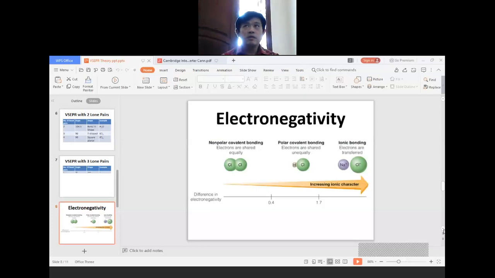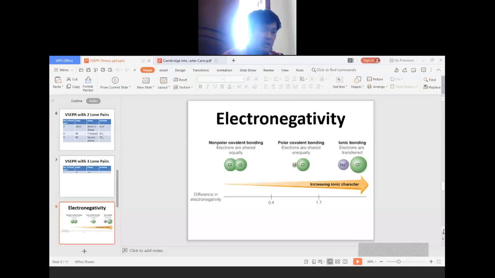We learned this already in chapter 2, the properties of the atom. From left to the right it increases, from top to the bottom it decreases.